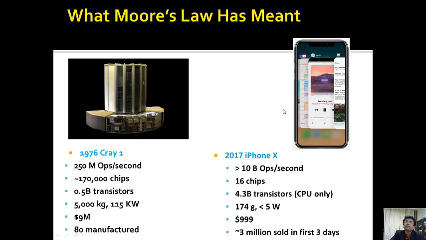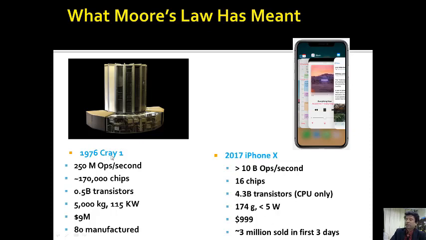There are 16 chips inside the iPhone, and 4.3 billion transistors that include only the CPU, and it was weighing only 174 grams, consuming only 5 watts of power, and it cost only $999, less than $1,000, and 3 million iPhones were sold in just 3 days.